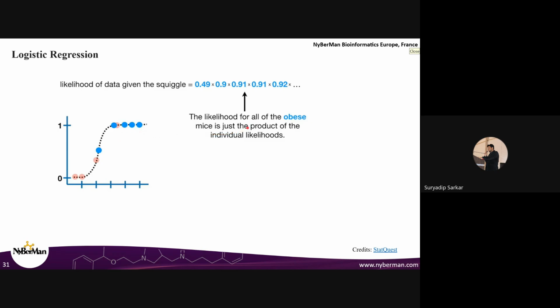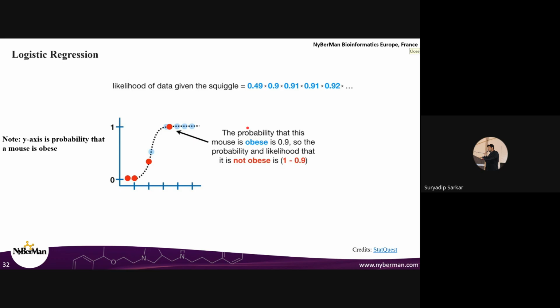Now we can do the same for the not obese class, for the red data points. The probability that this particular sample is obese is 0.9. Therefore, if the probability that this mouse is obese is 0.9, the probability that this mouse is not obese will be 1 minus 0.9. Makes sense logically?